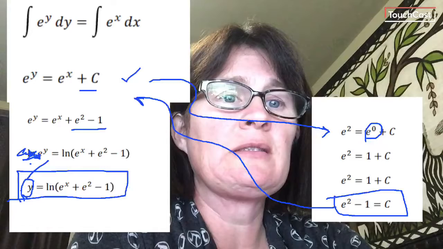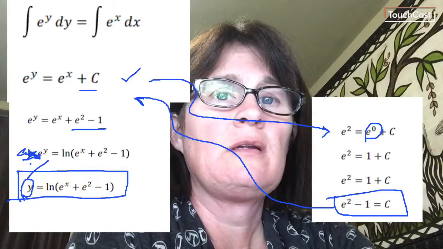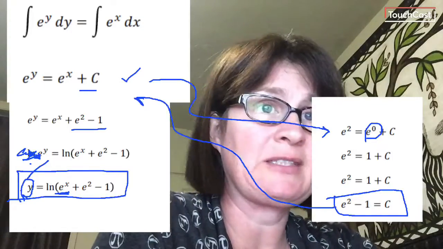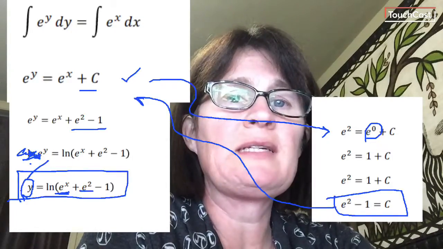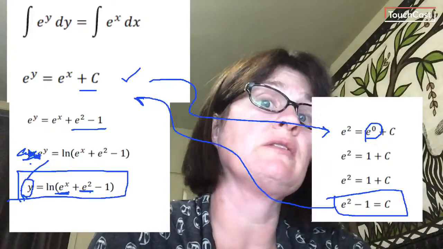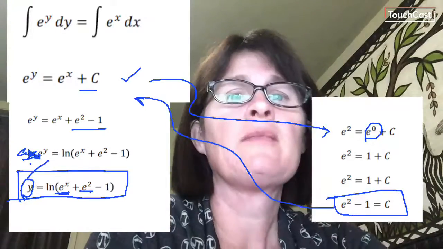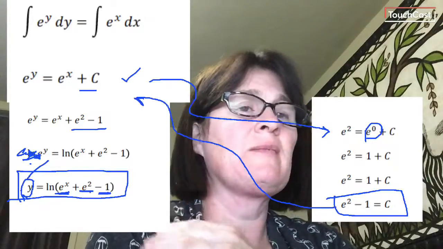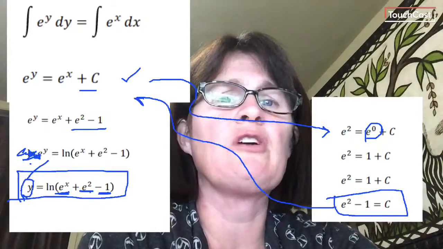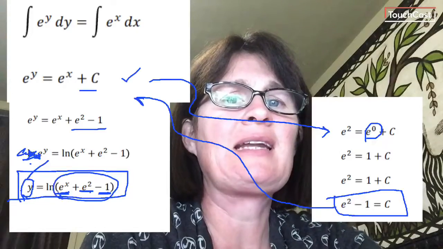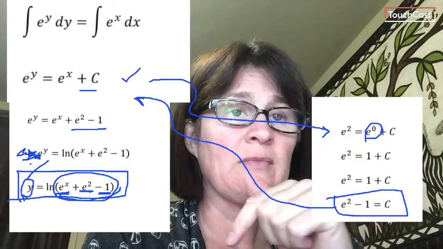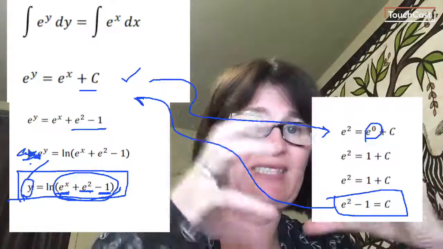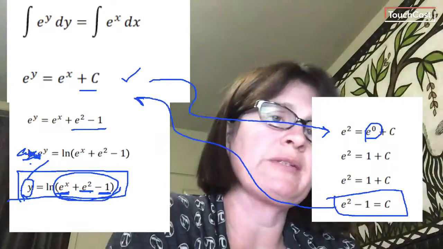Well, e to the x is positive because it's a positive number raised to an exponent. e squared is like 2.718 to the second power, which is about 8, and this is minus 1, so about 8 minus 1 is 7. I'm going to add 7 to a positive number. There's no value of x that would make that inside negative. So there's no need to give a domain statement, because whatever's inside that natural log parentheses is always going to be positive.